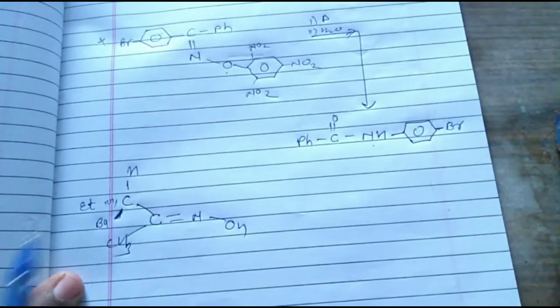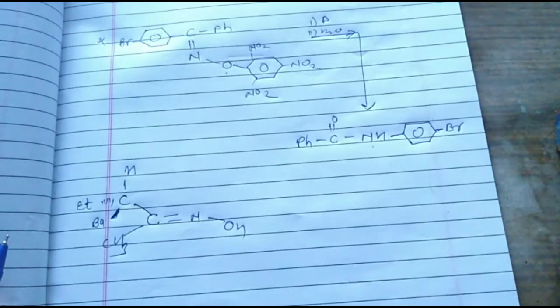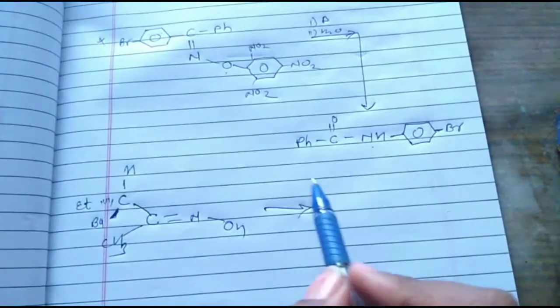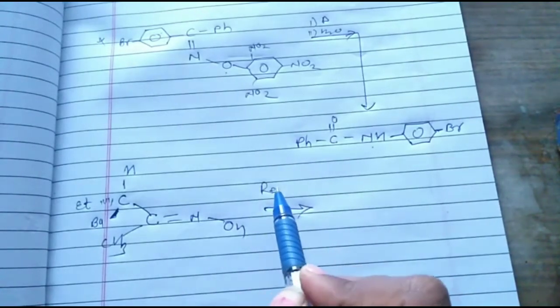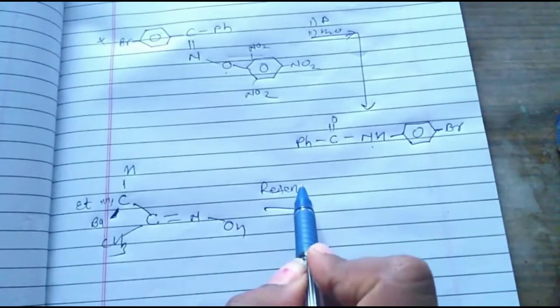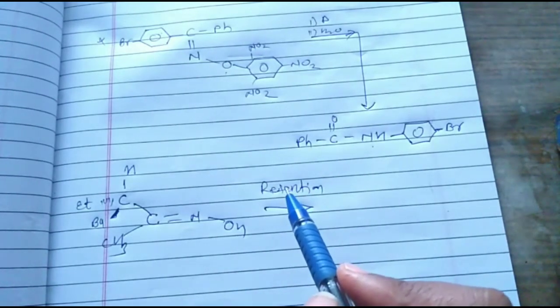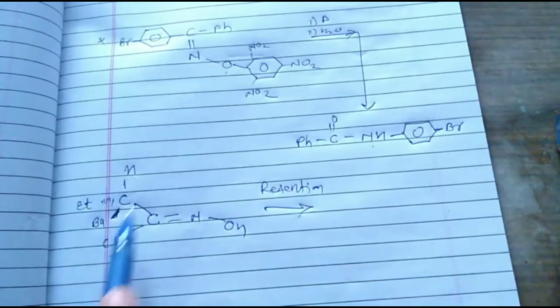This is a chiral compound. Whenever the substrate's migrating carbon is chiral, then the rearrangement occurs with what? Retention of configuration, of this chiral center.